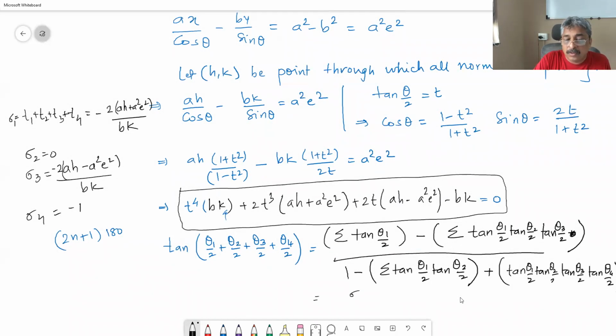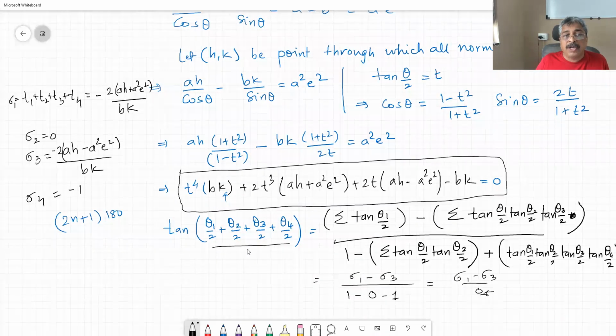Sigma 1 minus sigma 3 upon 1 minus sigma 2, which is 0, and this is sigma 4 minus 1. So sigma 1 minus sigma 3 upon 0 is tan of this. I mean, we should not write it like this, but I am showing that this is an odd multiple of 90.